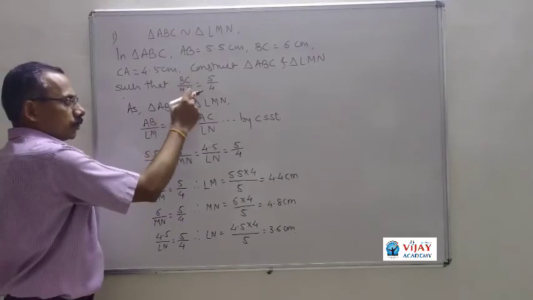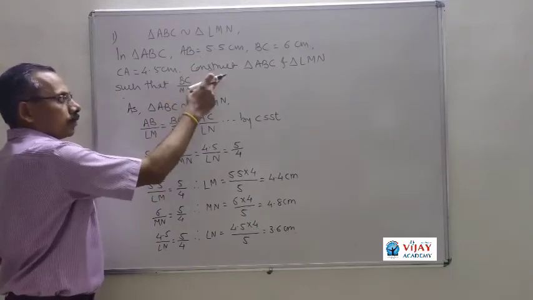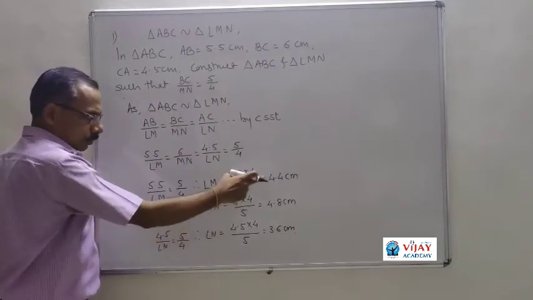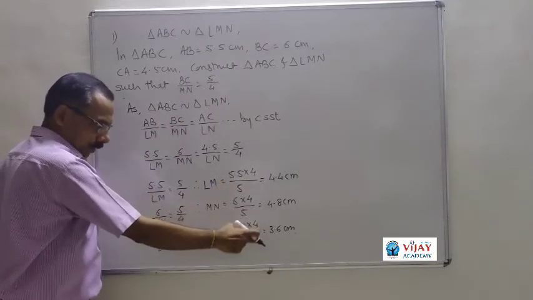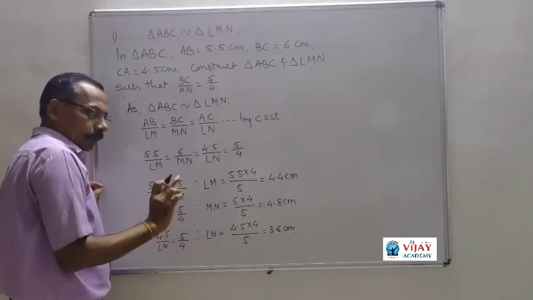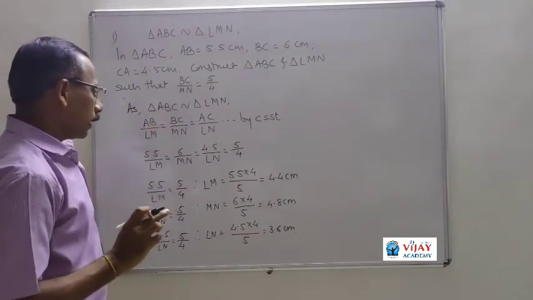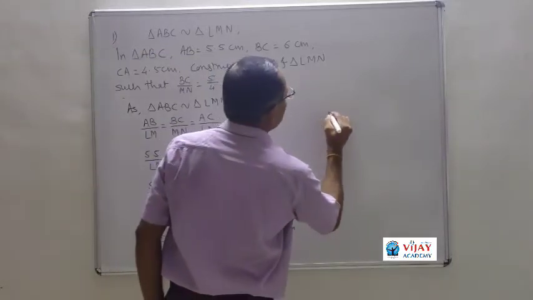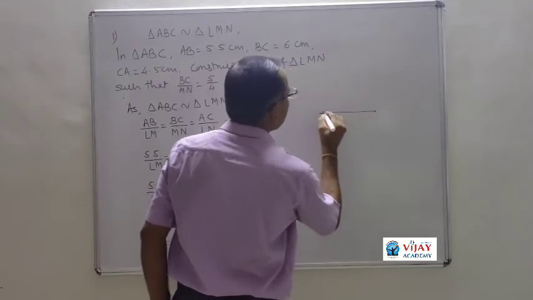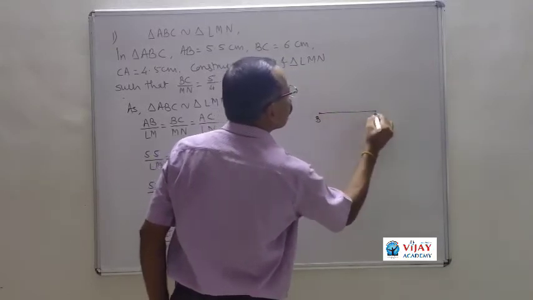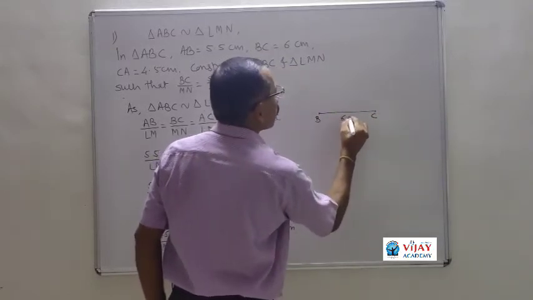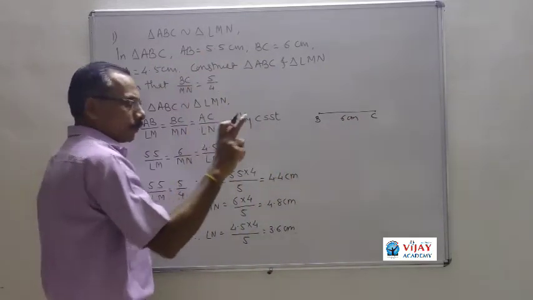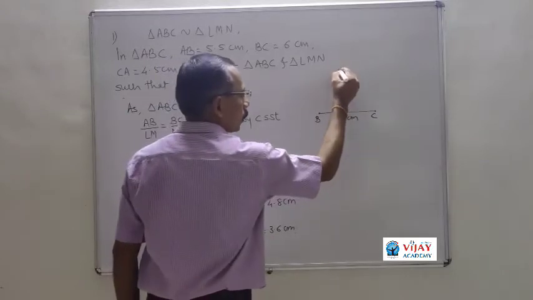For triangle ABC, first take BC as the base, 6 centimeter. Now take AB, 5.5 centimeter, in a compass and draw the first arc.